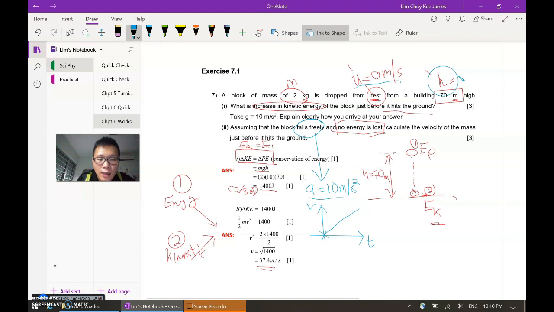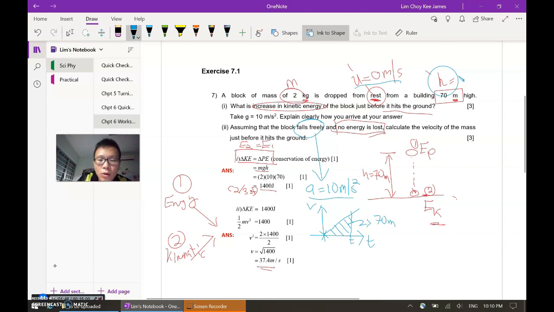So at a certain time t, when I hit the ground, the distance traveled by the object is a triangle, which is 70 meters. From this information, it tells us a few things. The area under the graph, which is a triangle, is 70 meters.